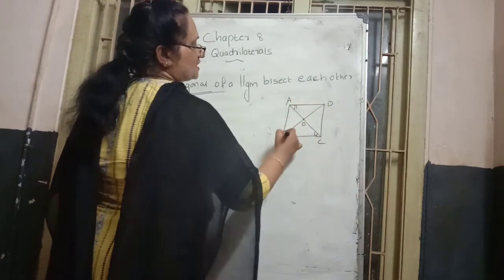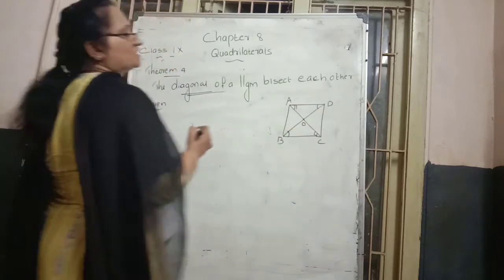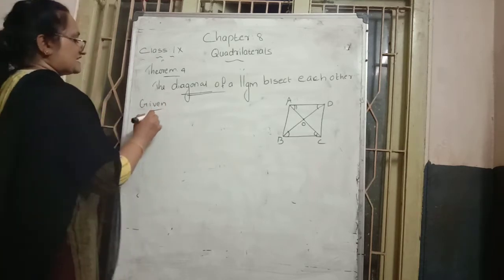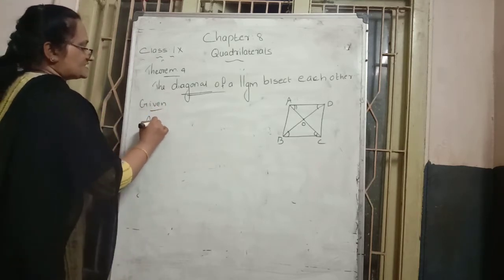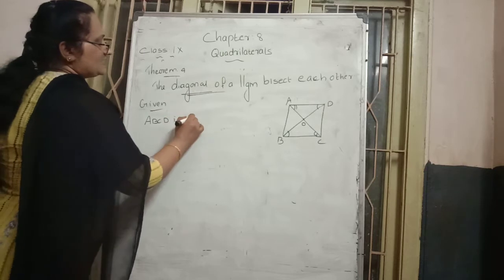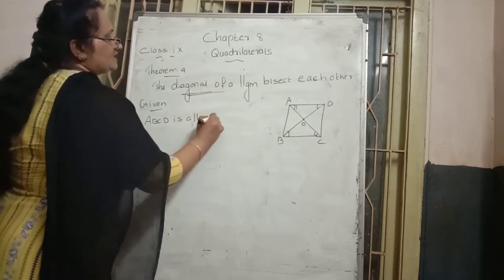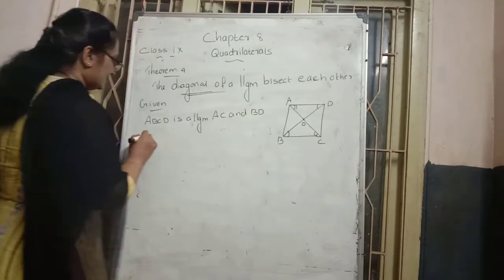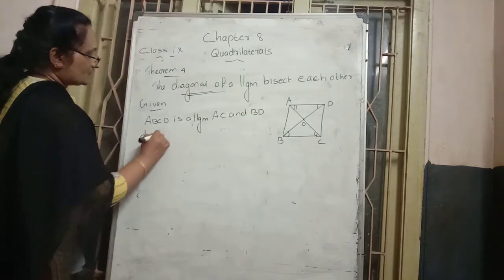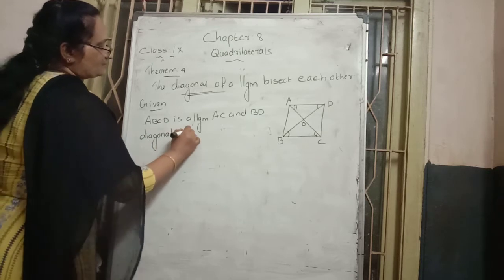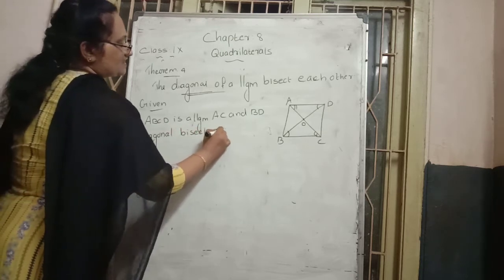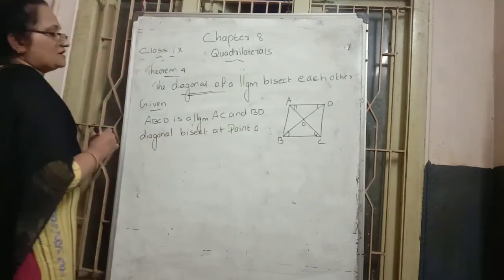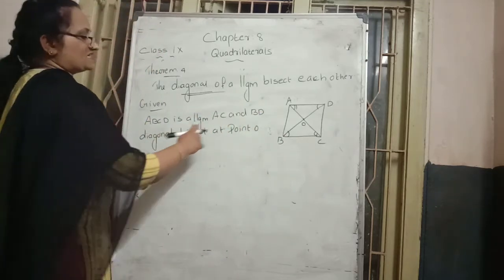Given: ABCD is a parallelogram. Then diagonals AC and BD intersect at point O and bisect each other at point O.